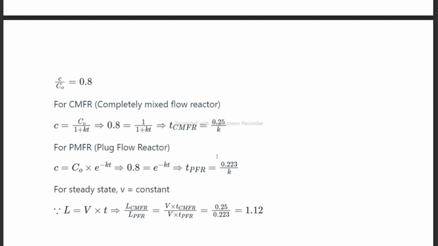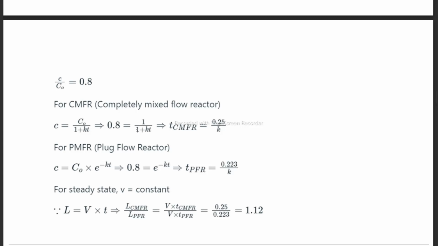Okay. So if you take this to this side, it becomes 1 by 0.8. That means 10 by 8, which is 5 by 4. That means 1.25, right?